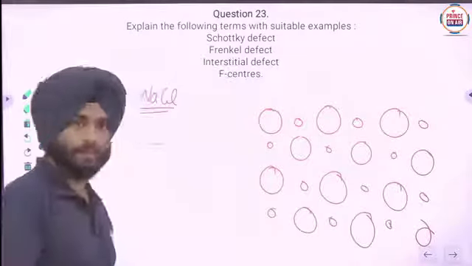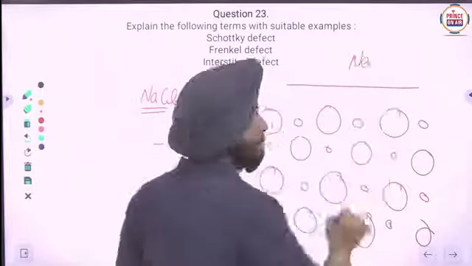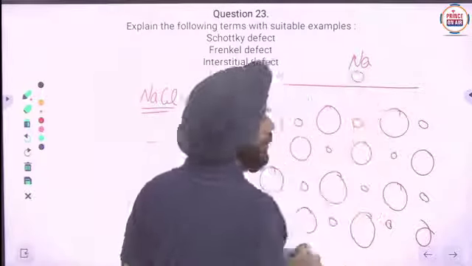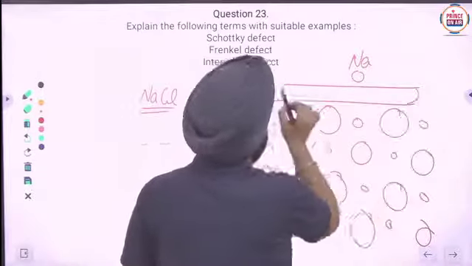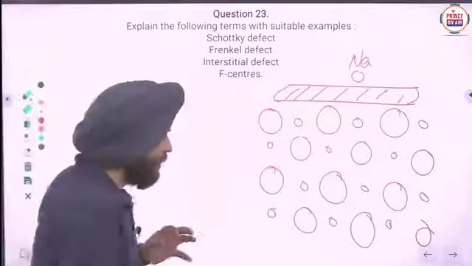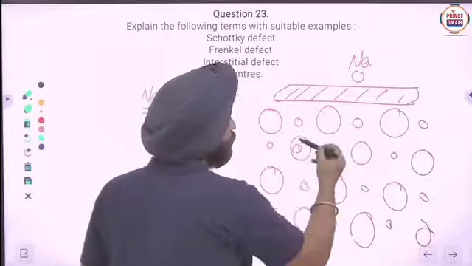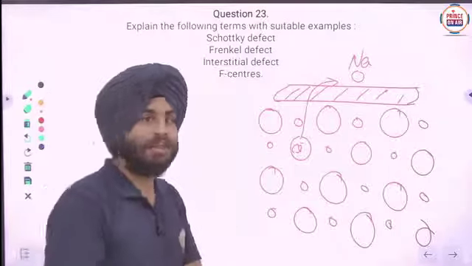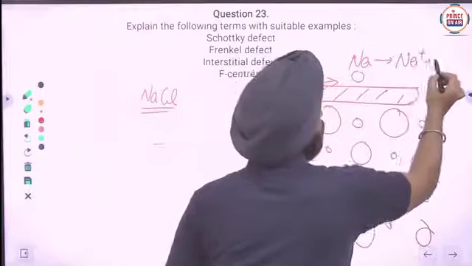If I supply sodium vapors here, and they come to the NaCl surface, chloride ions from inside shift towards the sodium vapors and combine with them. How? The sodium will leave one electron and become a Na positive ion.